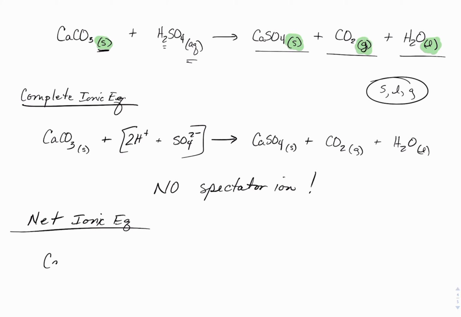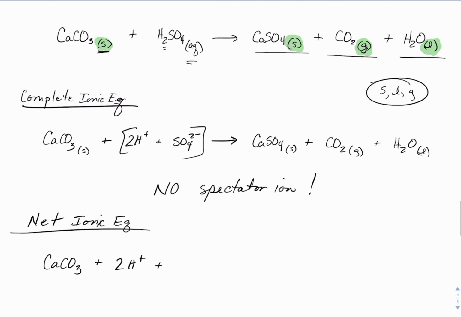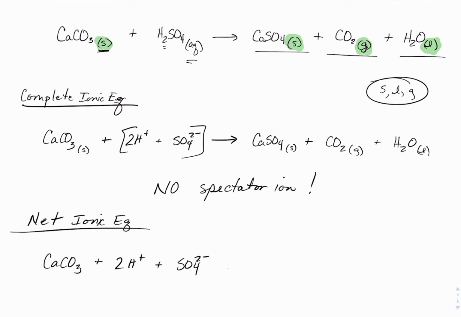So for our net, you'll still have calcium carbonate plus, and we can leave off the brackets if you want to, 2 H pluses plus SO4 2 minus, yields calcium sulfate plus carbon dioxide plus water. And you can go and put the phases on each of these.